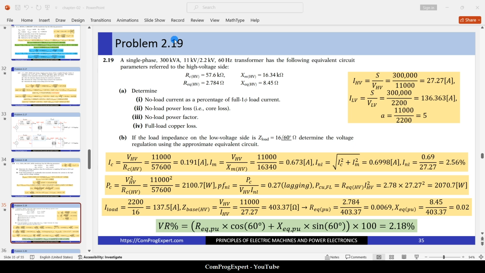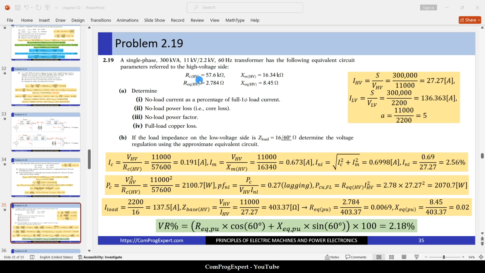Problem 19. A single phase 300 kVA 100 kilovolts to 2.2 kilovolts 60 Hz transformer has the following equivalent circuit parameters referred to the high voltage side.